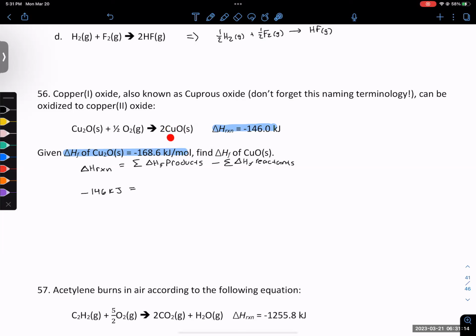We're asked to find this part here, so that's going to be our X. So delta H of copper 2 oxide is our X value. And you also have to bring in your coefficients. Because we're forming 2 moles of CuO, we need to put a 2 with the X. Make sure you carry your coefficients. So that's the first part.